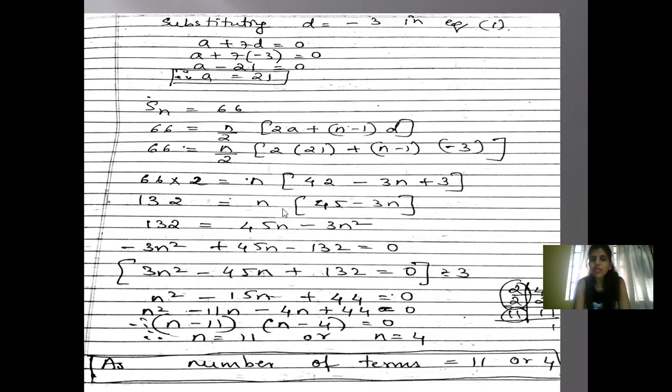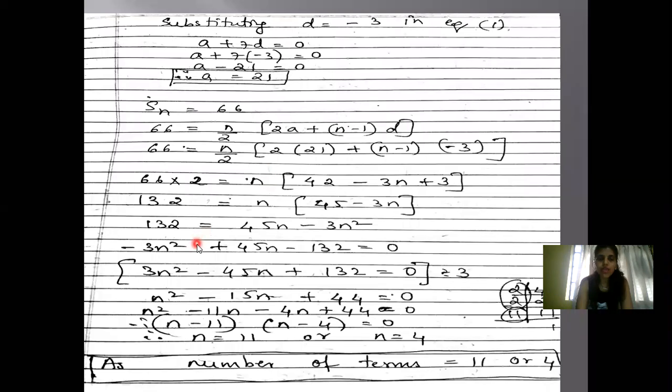So we'll bring this 132 to the right side. And then we get the equation in quadratic form as minus 3n square plus 45n minus 132 is equal to 0. Now to remove the negative sign, we have to change all the signs.